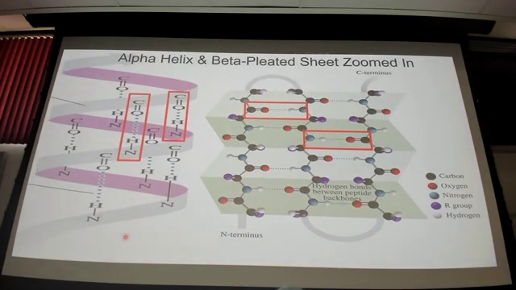I've blown up the hydrogen bonds in the alpha helix and beta pleated sheet. You see the C double bond O from one amide group interacts with the NH from another amide group, creating a hydrogen bond between the oxygen and hydrogen. The black is carbon, the red is oxygen, the blue is nitrogen, and the white is hydrogen. Does that make sense?